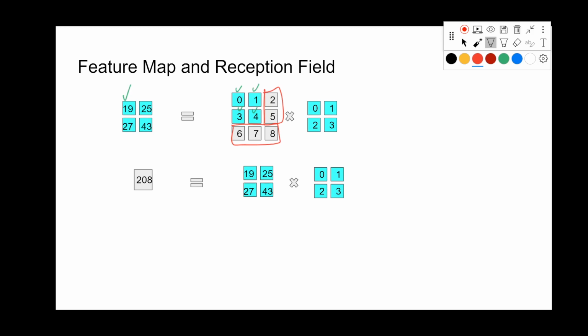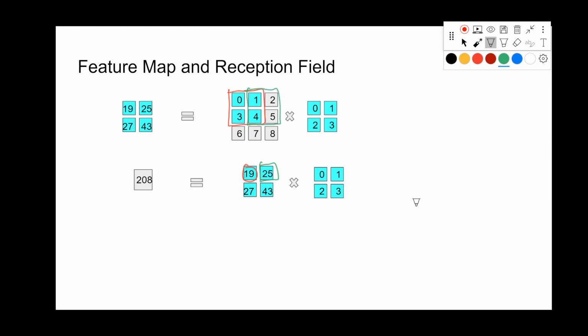But if we apply another 2x2 filter here, we know that this is related to those 4 pixels. Let me try to start it. This will be related to those 4 pixels. But this one will be related to those 4 pixels.